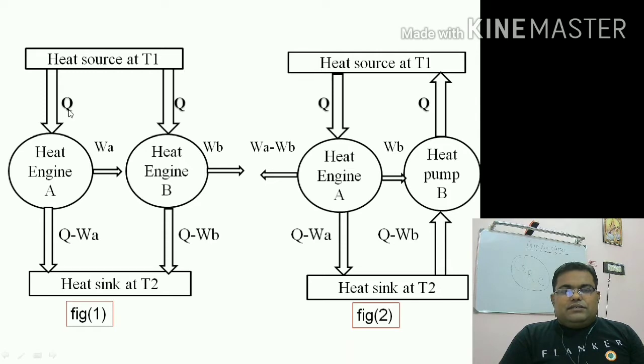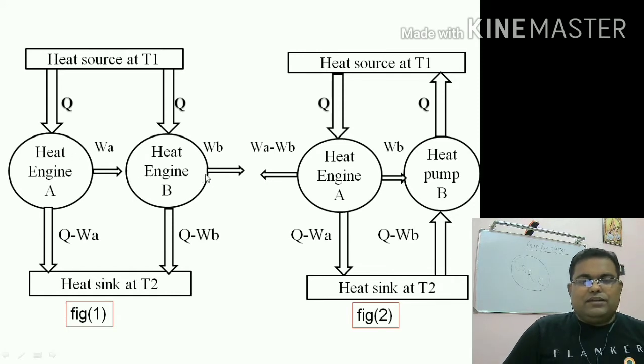The heat supplied to heat engine A and B is equal, that is Q. That means both are drawing the same amount of heat from the source, and the heat rejected to the sink is Q minus WA in the case of heat engine A, and Q minus WB in the case of heat engine B. Because of these heat interactions they generate some work, WA and WB.